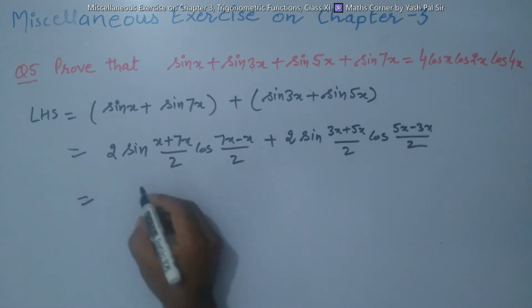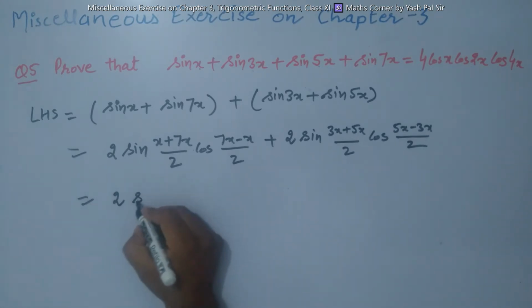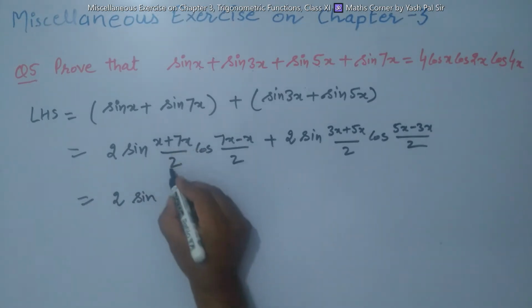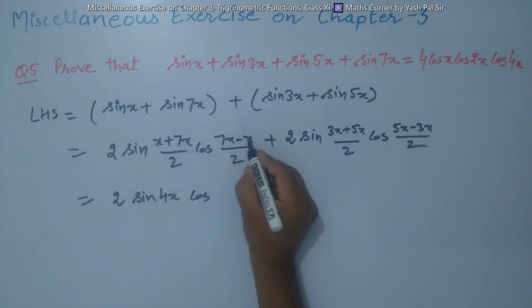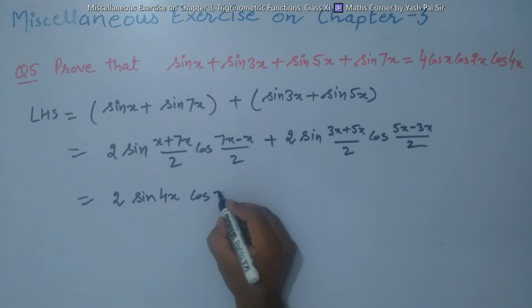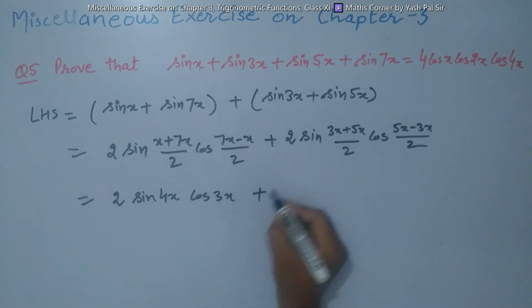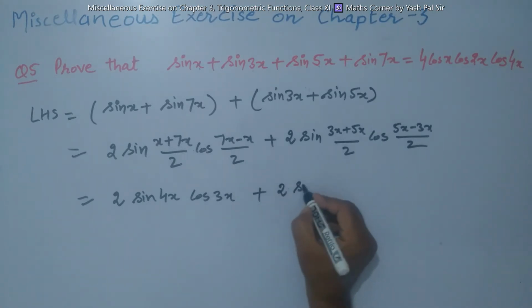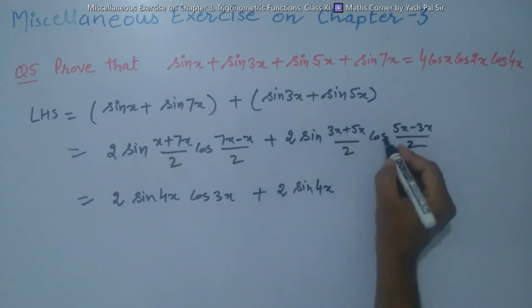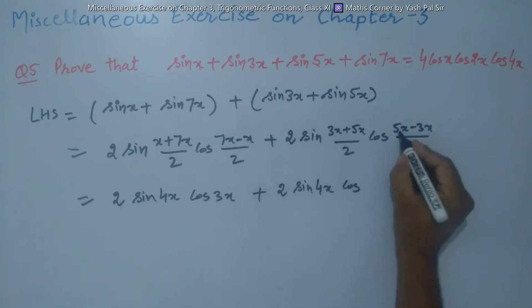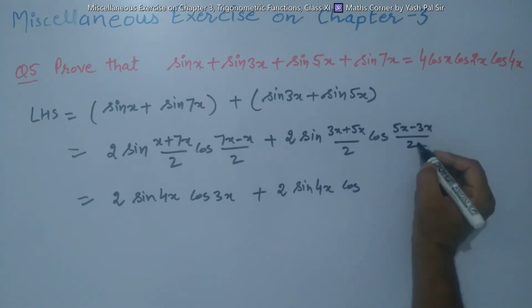So what we have now is 2 sin of 8x upon 2, that is 4x, into cos of (7x minus x) upon 2, that is 3x, plus 2 sin of 4x into cos of (5x minus 3x) upon 2, that is 1x.